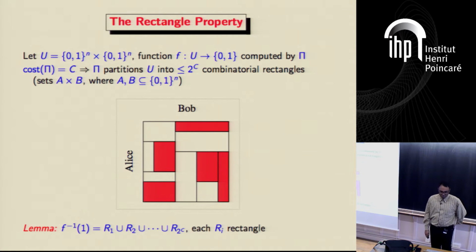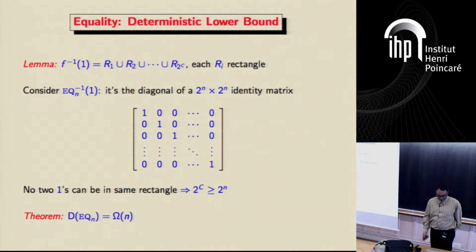So in order to prove a lower bound, it suffices to prove that your function's structure is such that you will need a large number of rectangles. This is very easy to do for the equality function. If you look at the desired output matrix or truth table for the equality function, then it is just an identity matrix, a 2 to the n by 2 to the n identity matrix.